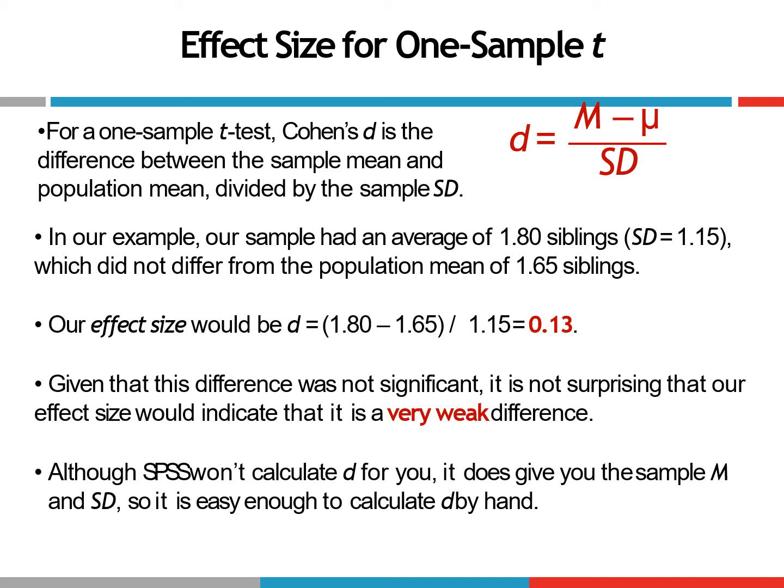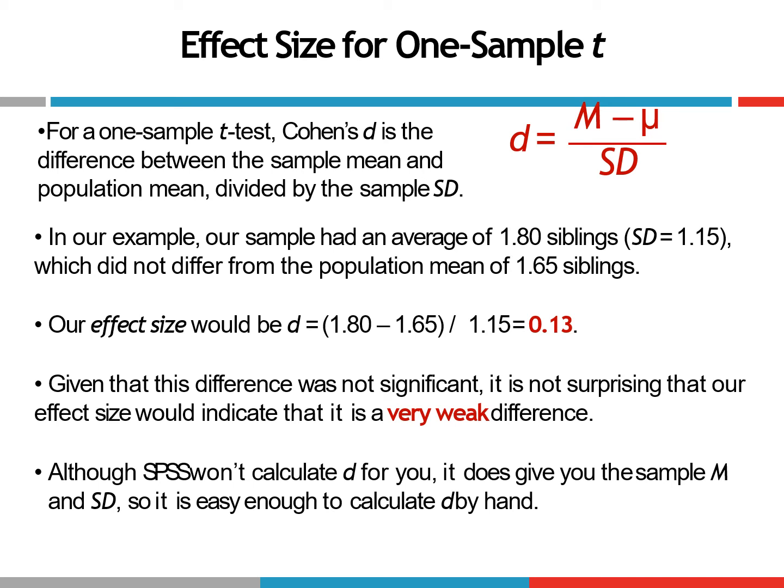In this particular case, there was not a significant difference between the sample mean and the population mean, so it's not surprising that the effect size would indicate a very weak difference between the population and the sample.